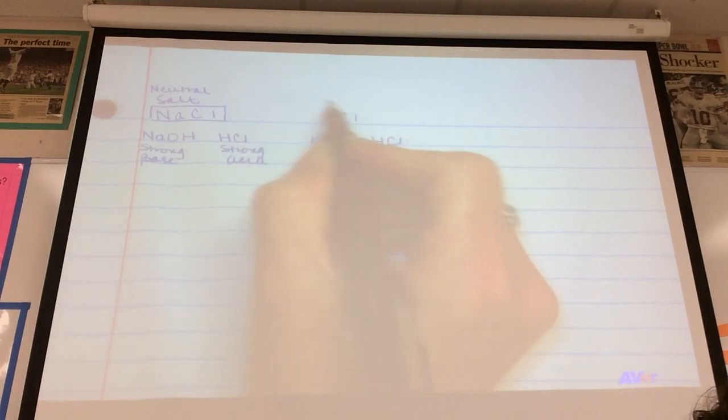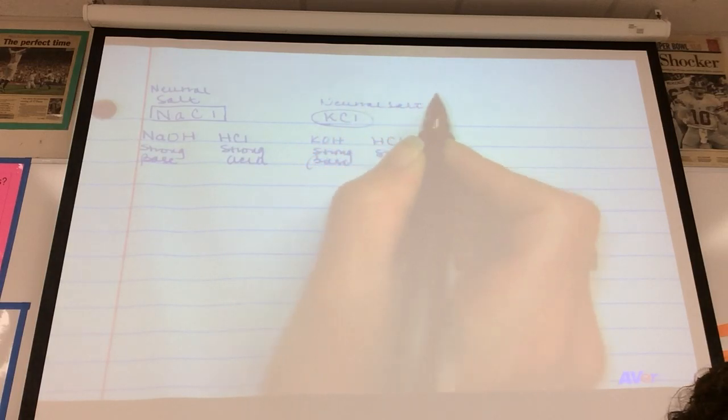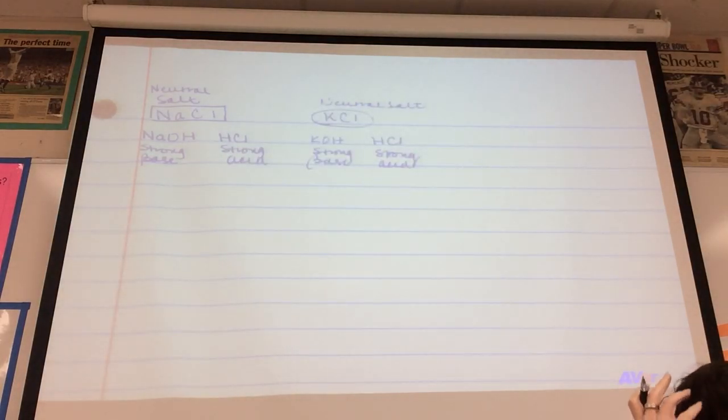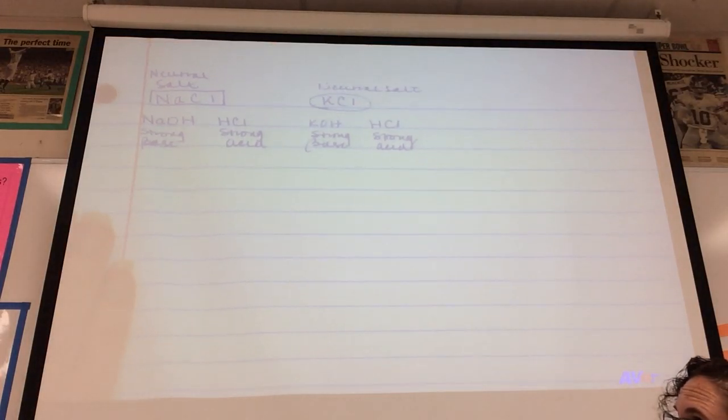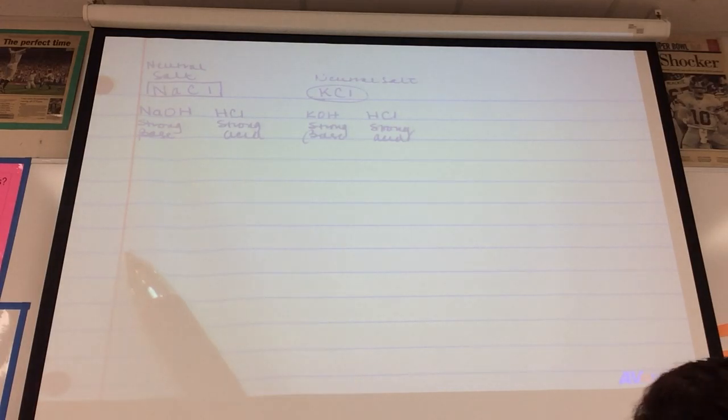Again, you would predict a neutral salt. In contrast, sometimes you have a strong base reacting with a weak acid or a weak base reacting with a strong acid, and then your salt will not be neutral.